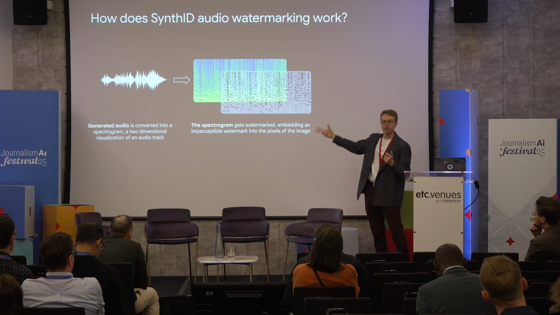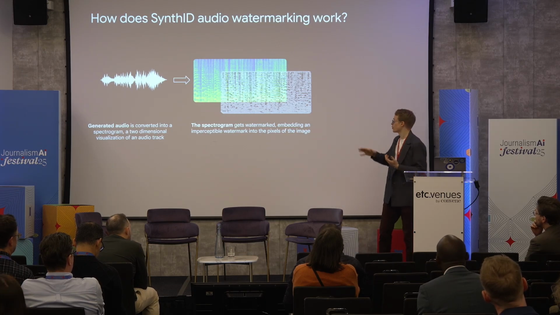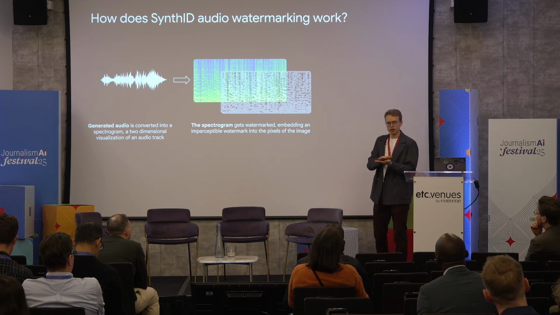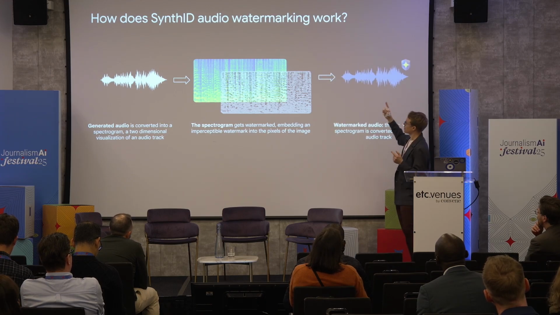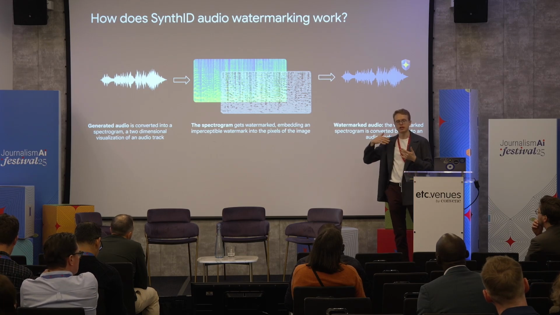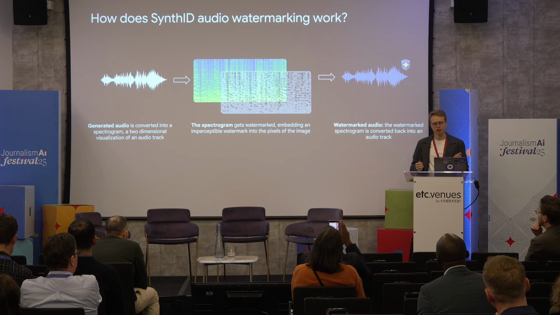And so now that we have an image, we can essentially do the same as we're doing with images. We again generate and insert a watermark onto the spectrogram, and then we convert it back into an audio track. Now you have an audio track which has been watermarked with an inaudible watermark, so that the content doesn't get altered.